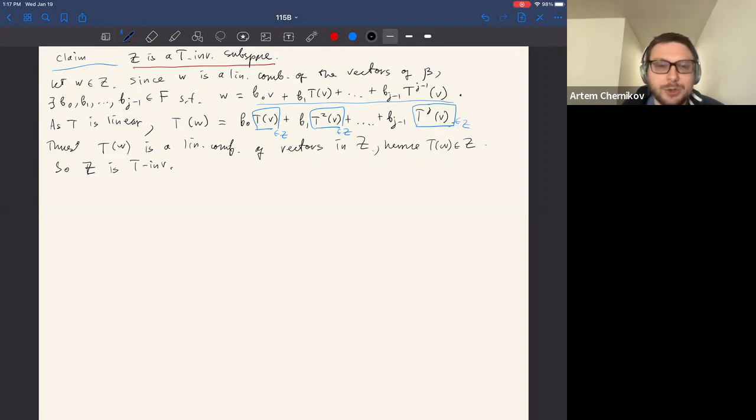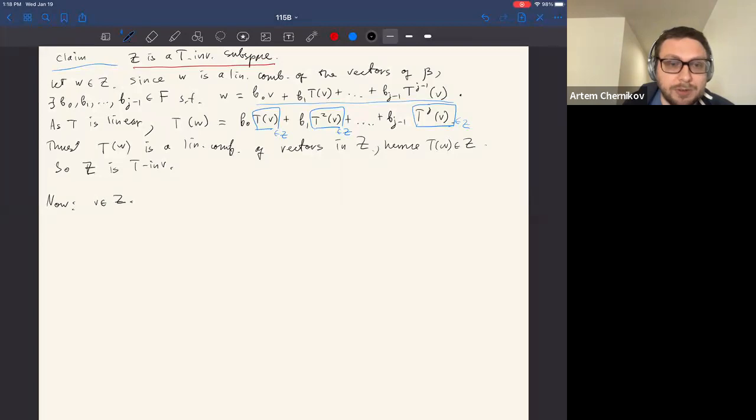Okay, so now let's use this claim to actually show that Z is equal to W. So now we have that v is an element of Z, right?